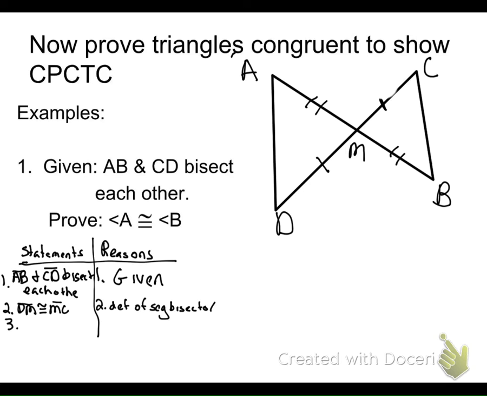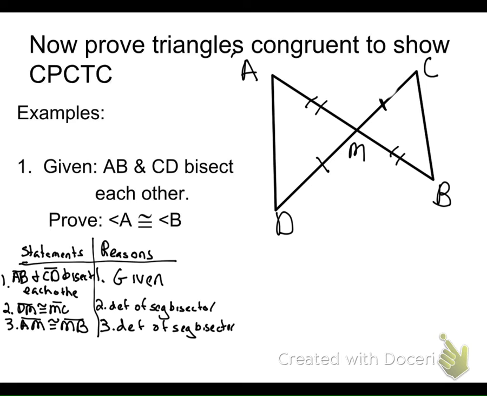We also know that AM is congruent to MB, the same reason, definition of segment bisector. When something is being bisected, remember it divides it into two congruent parts. Since they were being bisected, it formed four segments, and where it's on the same original segment, the two smaller segments will be congruent.